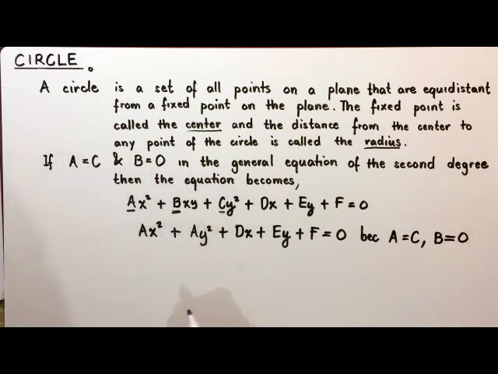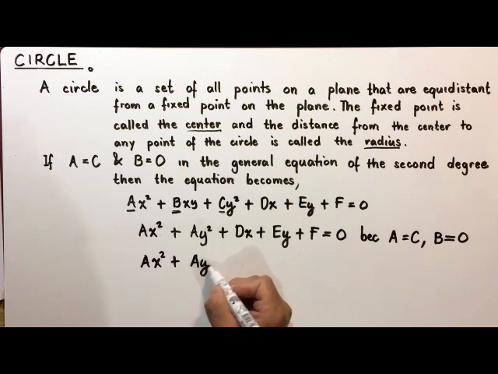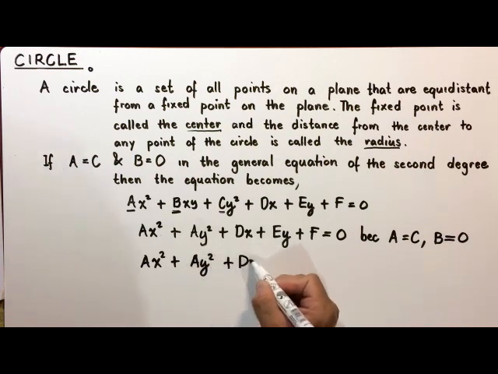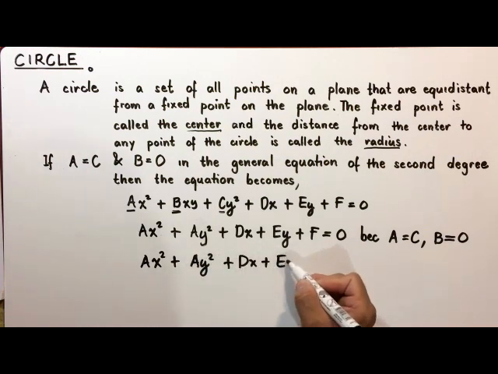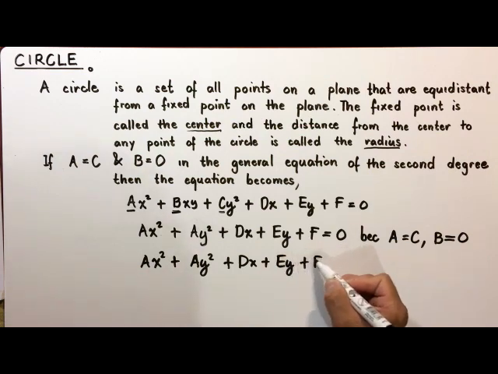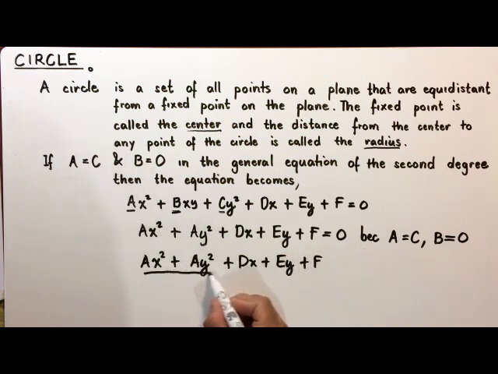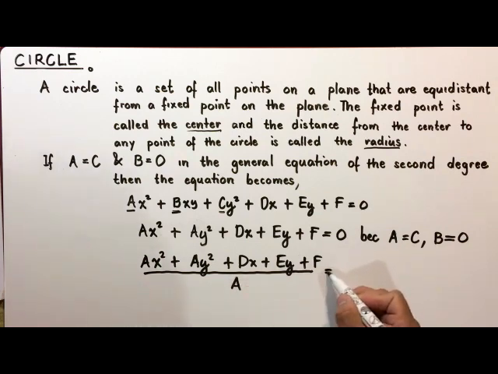Now what if I divide both sides of the equation by A? So ax squared plus ay squared plus dx plus ey plus f. If I divide A at the left, I will divide also A at the right.